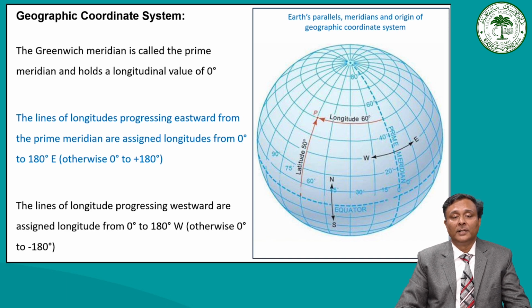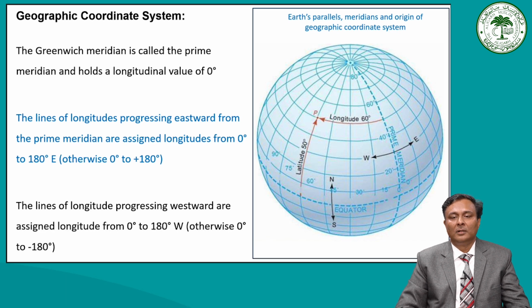Otherwise, we also take plus 180 degrees towards east. The lines of longitude progressing westward are assigned longitude 0 degree to 180 degrees west. Otherwise, it may also be called minus 180 degrees.